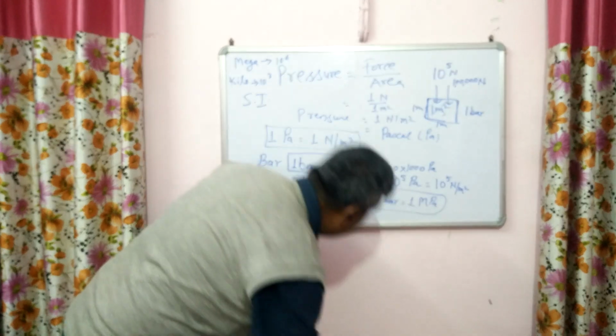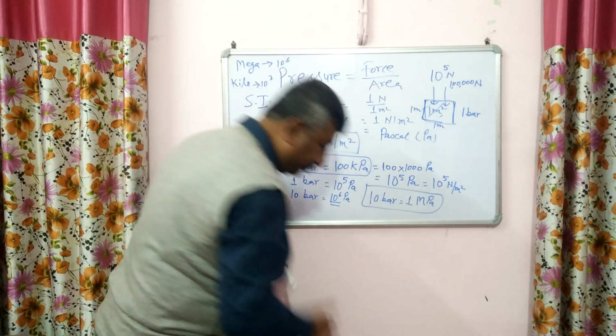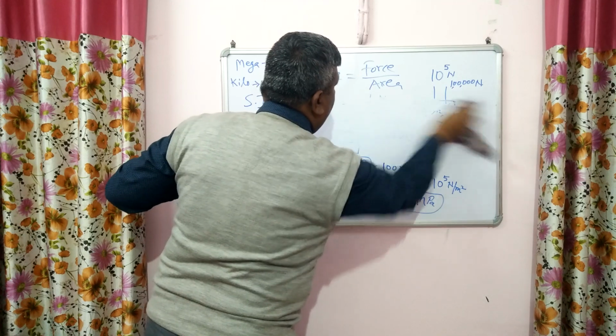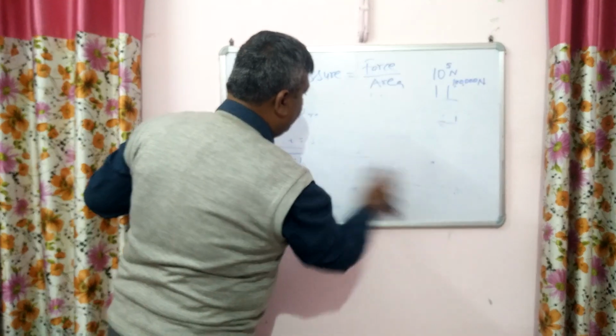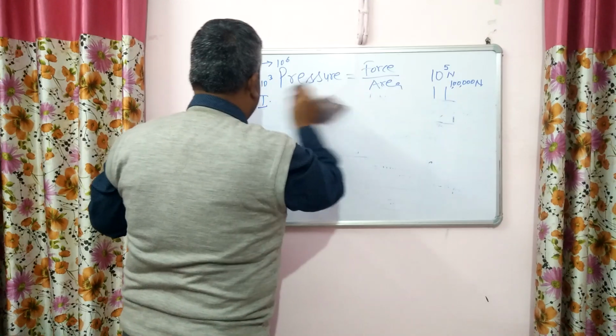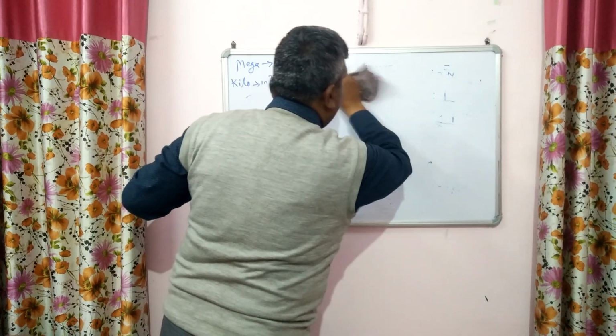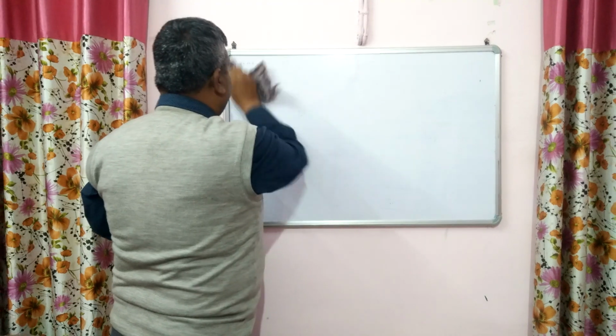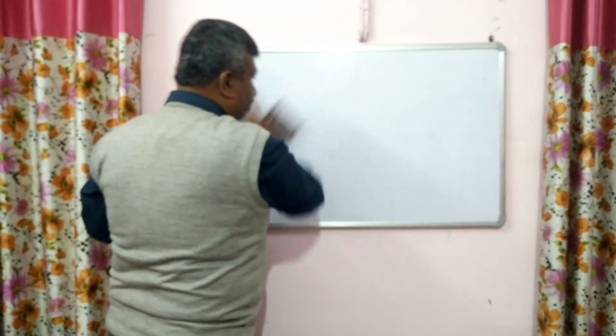Now, what is atmospheric pressure? The pressure which is exerted by the atmosphere is atmospheric pressure. We can simply say the pressure which is exerted by the atmosphere on our body on the earth surface is atmospheric pressure.